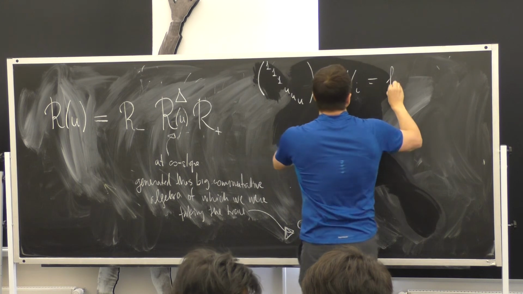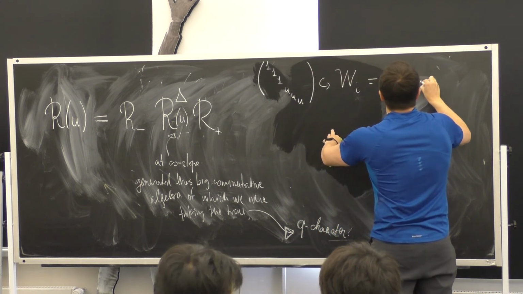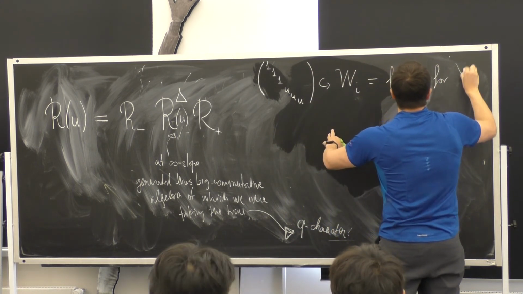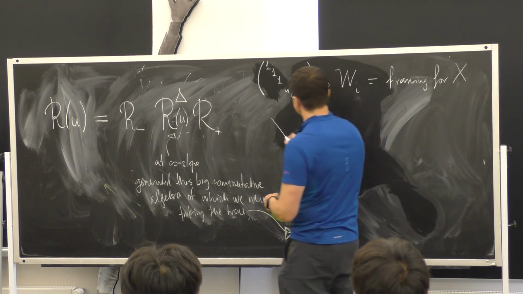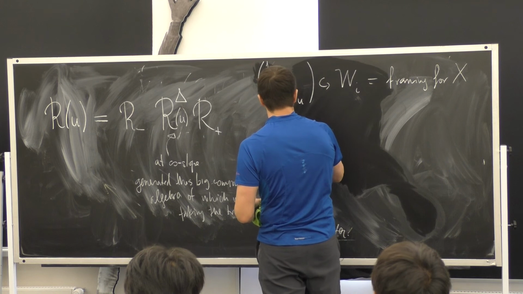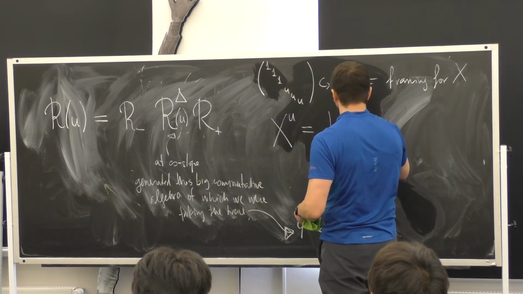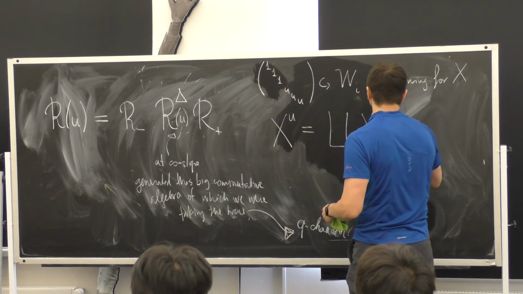This is the framing for X, and the fixed locus is a disjoint union of products of the quiver variety of the same type.